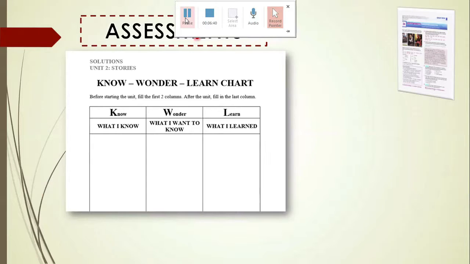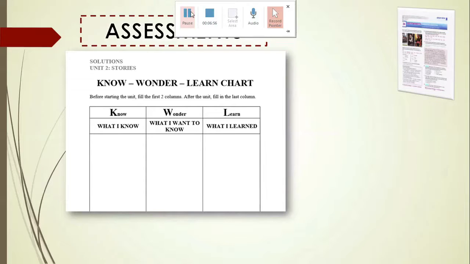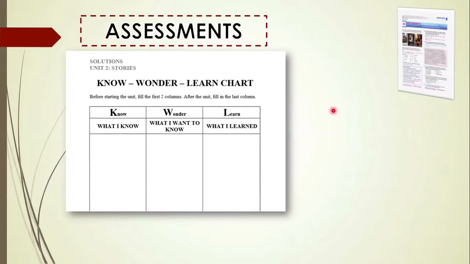I will give my students a KWL chart to assess their background knowledge and have them decide what they want to achieve and improve through the learning procedure.